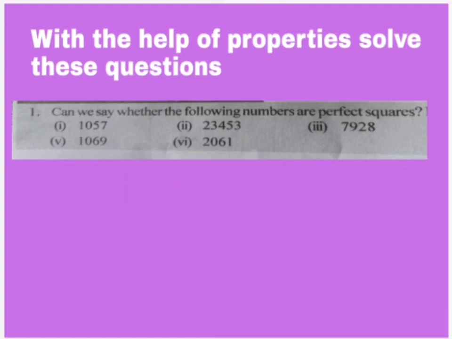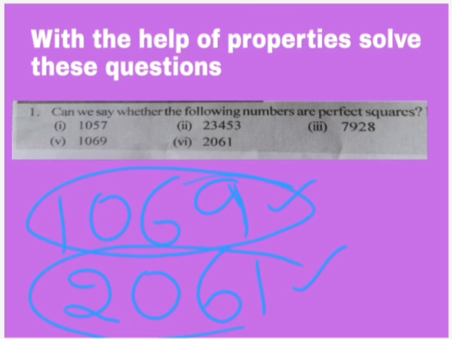Next question is 1069, and after that it is 2061. So here these numbers are ending with 9 and 1, but these two are not perfect square numbers, because you are not going to get these two numbers when you multiply any number 2 times.